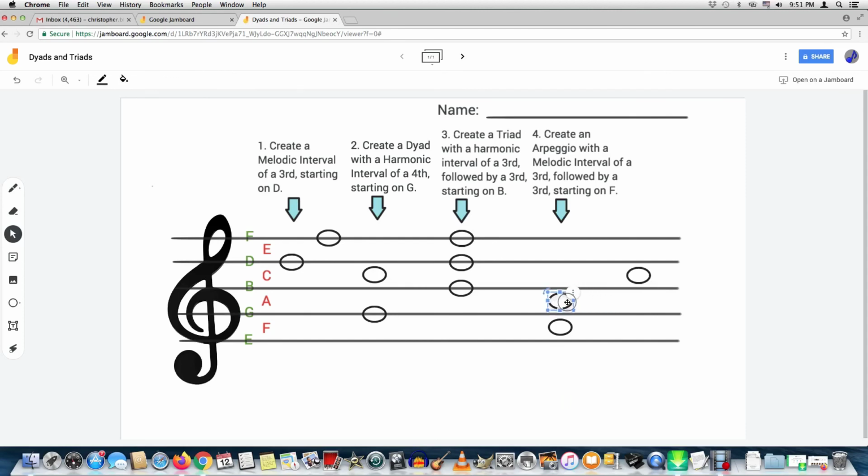If we were to stack them on top of each other, that would be a triad. Okay, they would be played at the same time. But arpeggios are not 3 notes played at the same time. They are 3 or more notes played one after the other. But it's important to understand that an arpeggio outlines a triad. So arpeggios and triads are related.